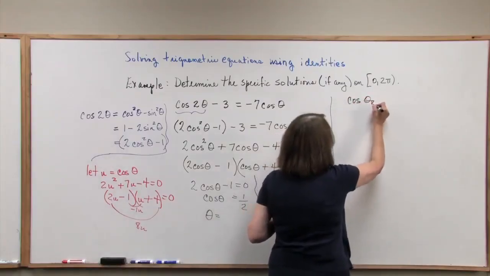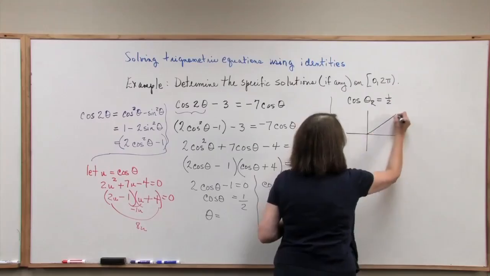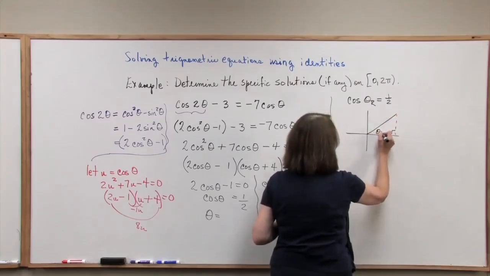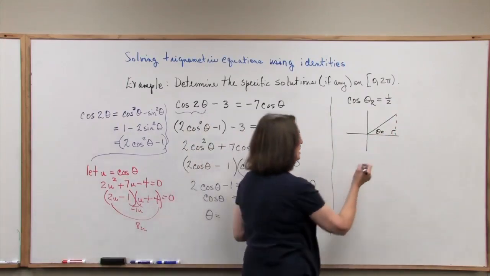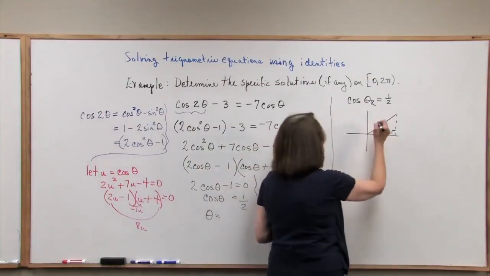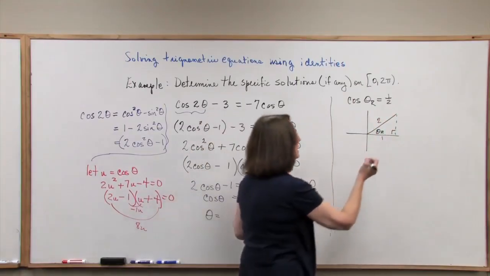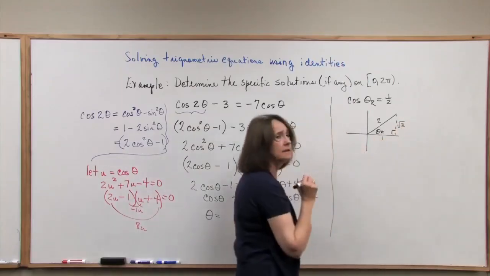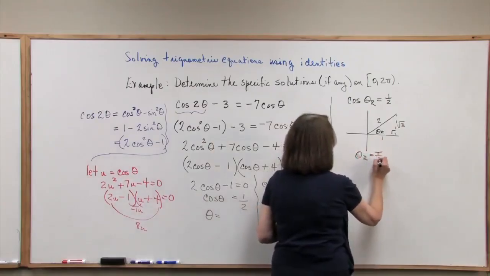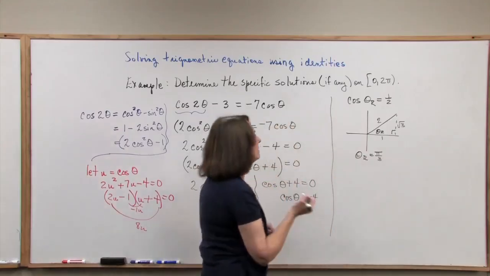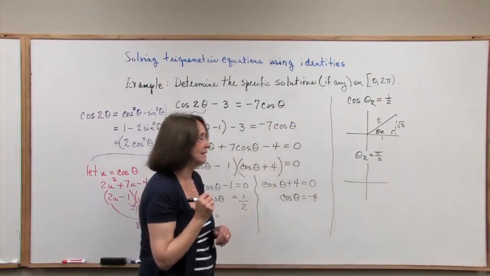Cosine of theta r equals positive 1/2. Setting up our triangle, I know that the cosine function is the ratio of the adjacent side, so I place the 1, divided by the hypotenuse, so I place the 2, and I know that the opposite side is square root of 3. So the reference angle is pi over 3. Okay, where else is the cosine function positive?